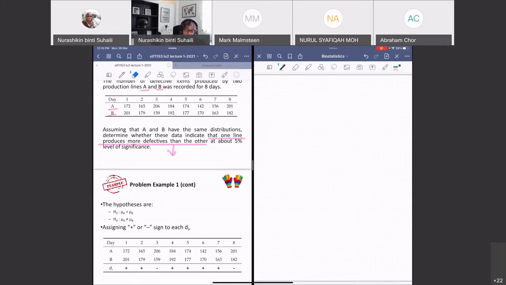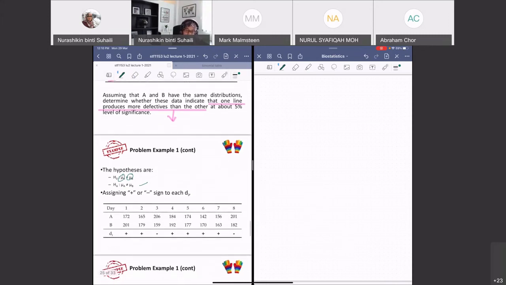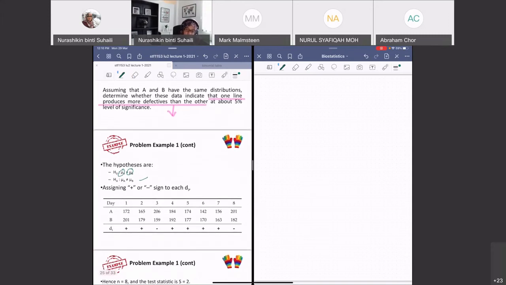The null hypothesis says that there is no difference, and we represent the data as mu, the mean. The alternative is not equal. Step 2 is given as 5%, so you just have to write it as 0.05.